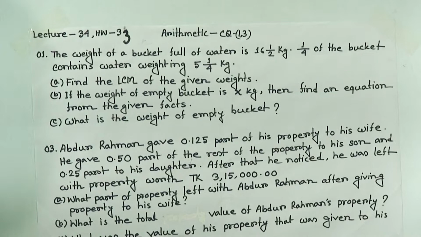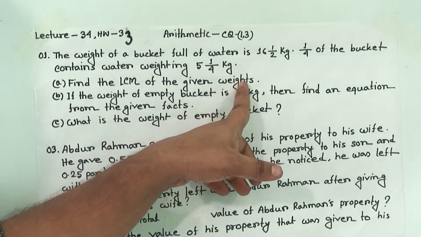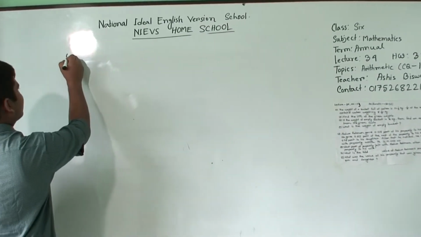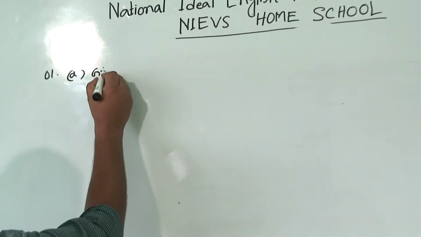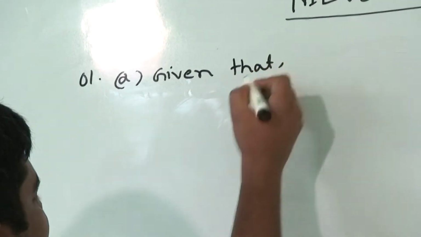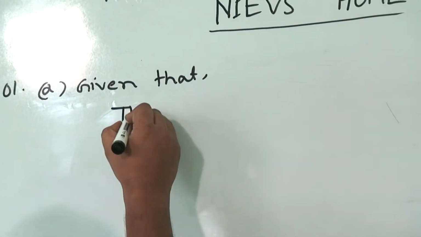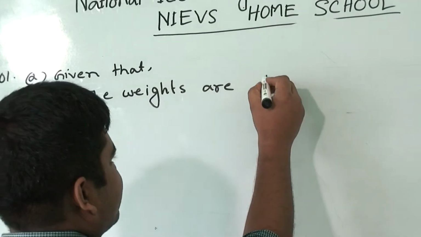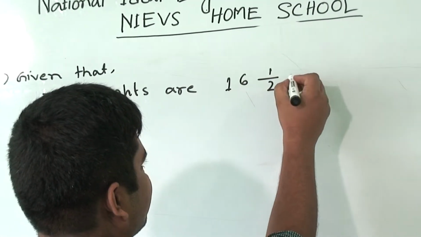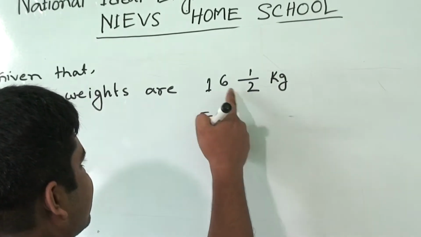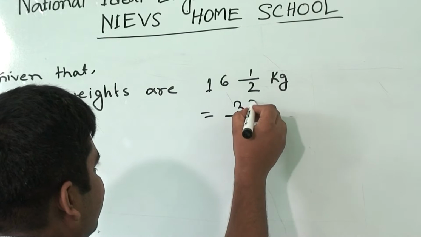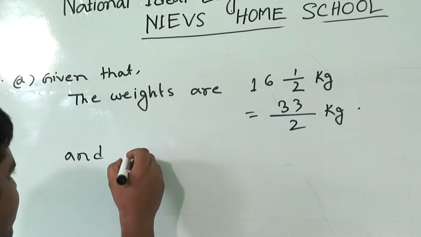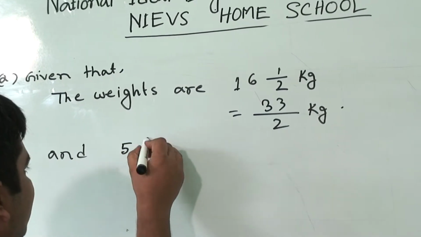Now we shall start our class. Question number A, find the LCM of the given weights. First of all I write given that, the weights are 16 into 1 by 2 kg, which is written as 16 times 2 plus 1, 33 by 2 kg, and another one is 5 into 1 by 4 kg.